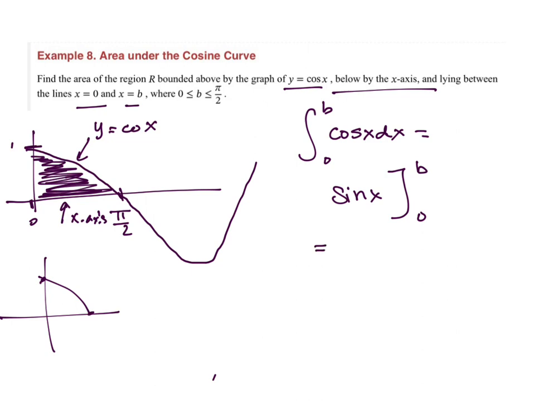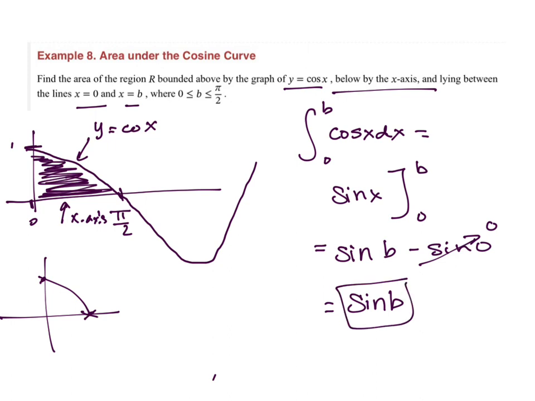So we'll have sine of b minus sine of 0. And what is sine of 0 degrees? That's going to be here. Sine of 0 degrees is 0, so this can go away. And our answer is sine of b.